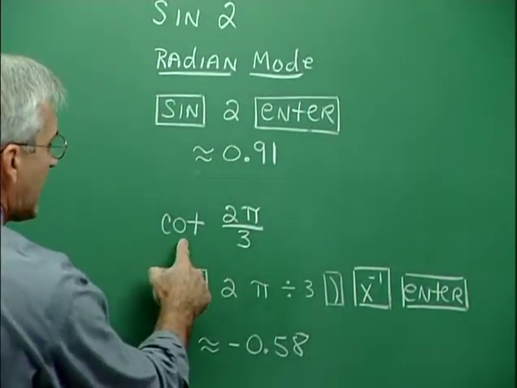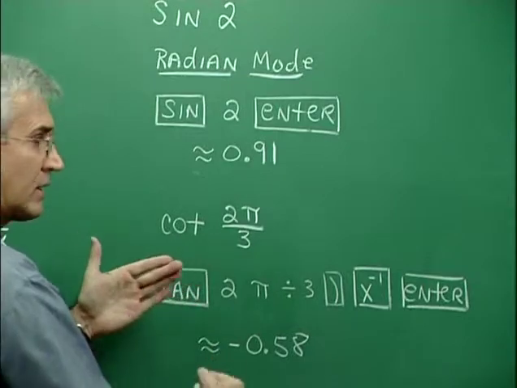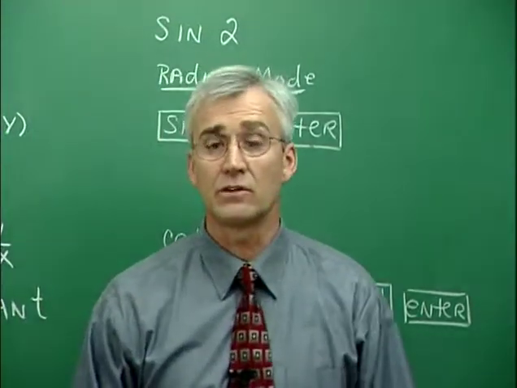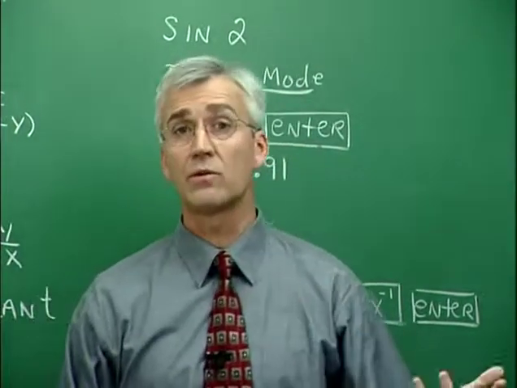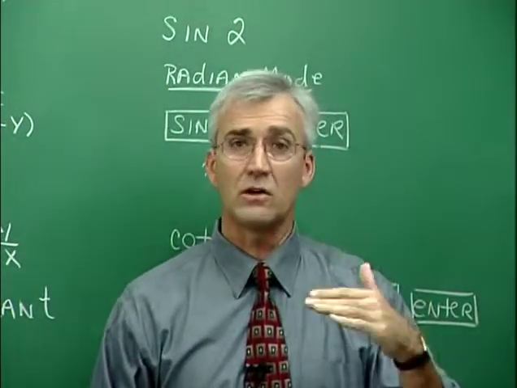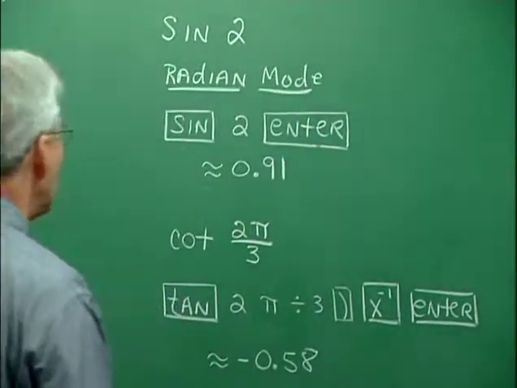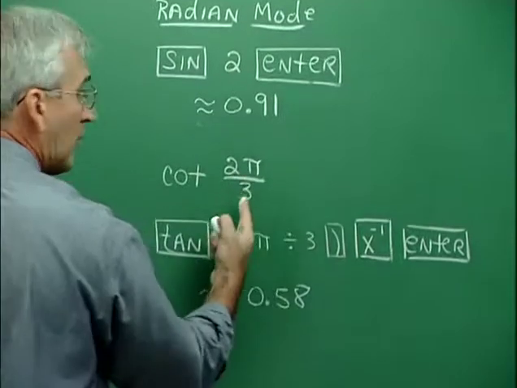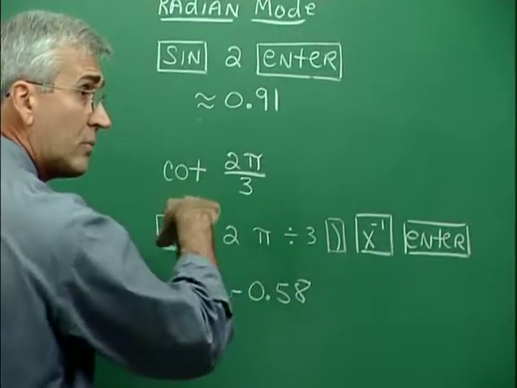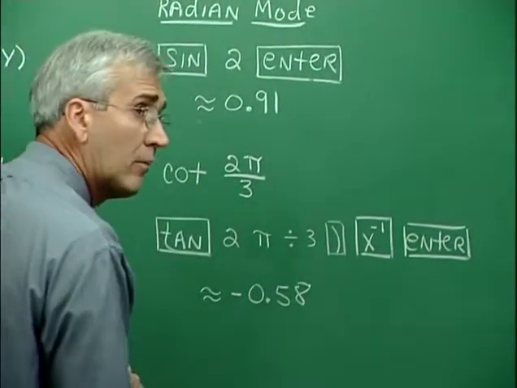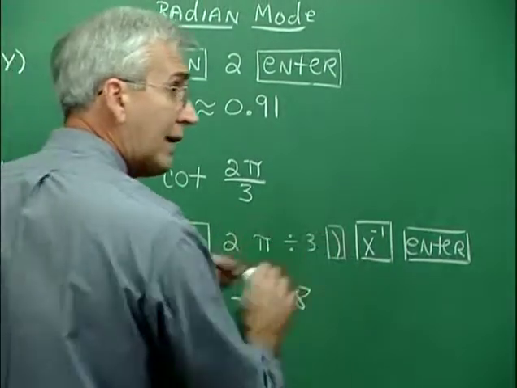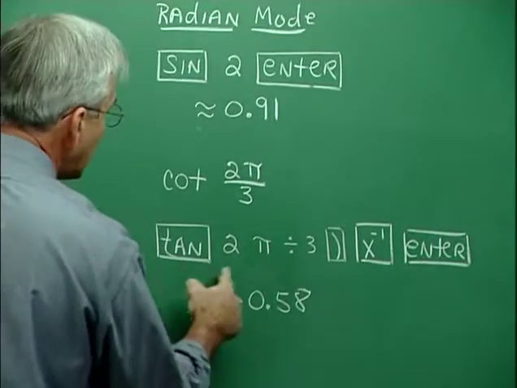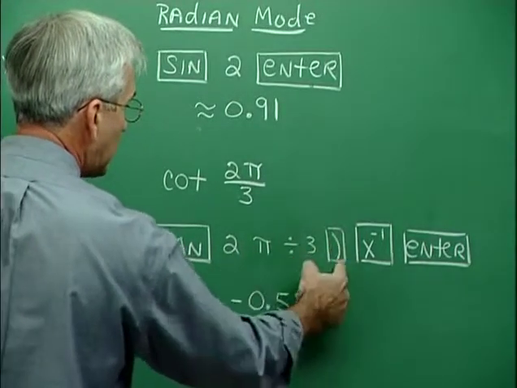Now for cotangent, secant and cosecant, the calculator doesn't have a button for those three trig functions, but they're pretty easy to calculate because they are the reciprocals of sine, cosine, or tangent. The cotangent of a real number is the reciprocal of the tangent of the same real number. So on the calculator, we find the tangent of that real number: enter tangent, 2 pi divided by 3, close parenthesis.